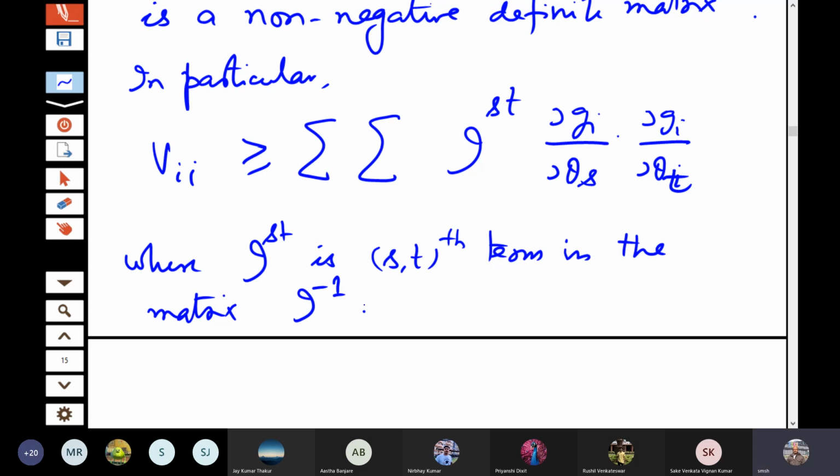So this is the generalization of the Rao-Cramer lower bound to higher dimension.